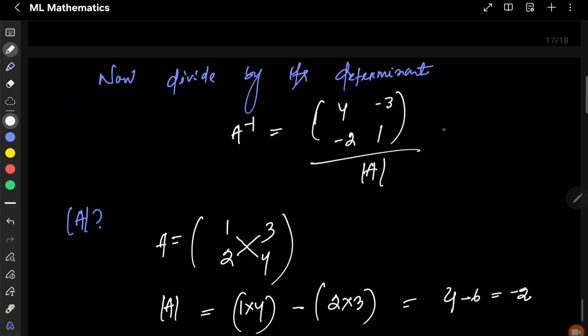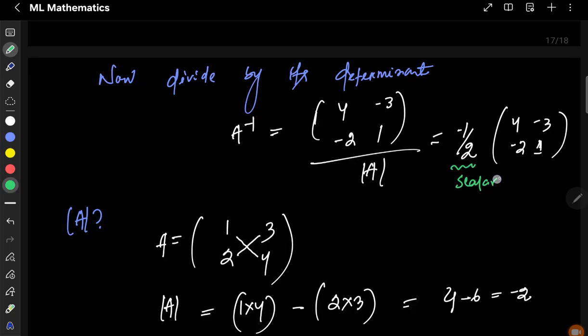So here this is 1 by minus 2, that is minus 1 by 2, into the matrix 4 minus 3 minus 2 1. Think about it. What is this? Very simple. Scalar. What is this? Matrix.